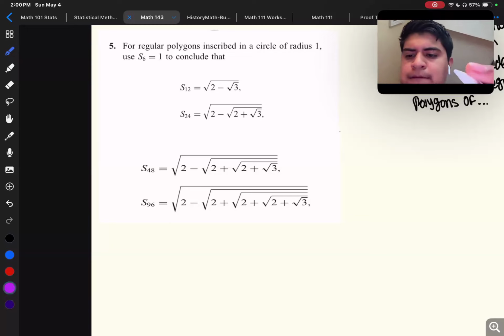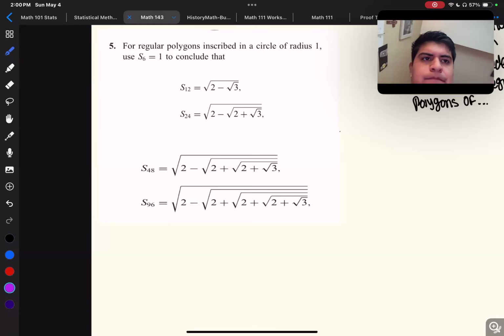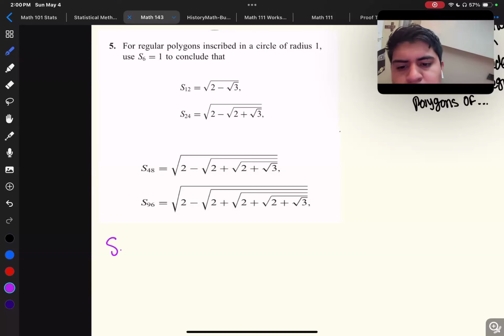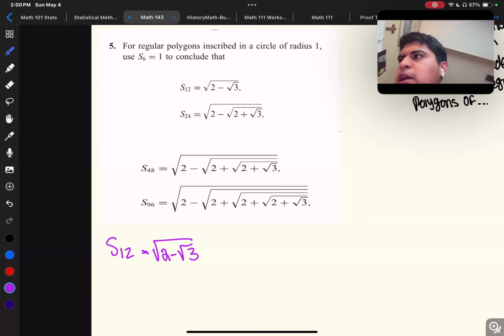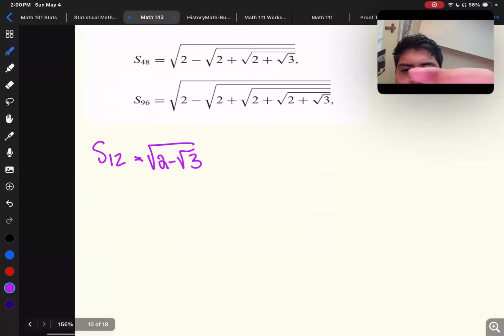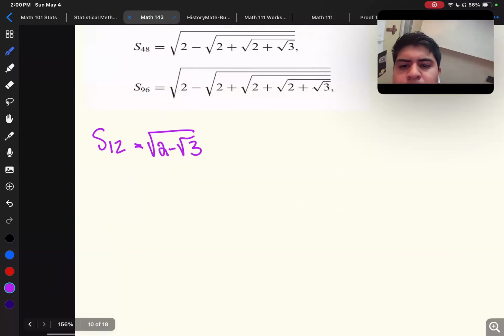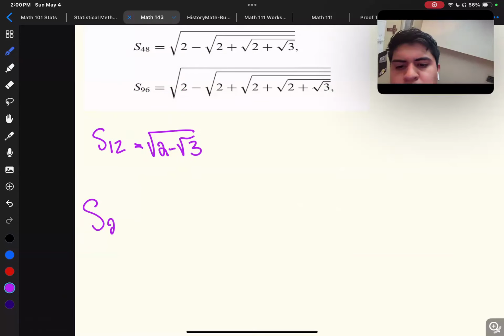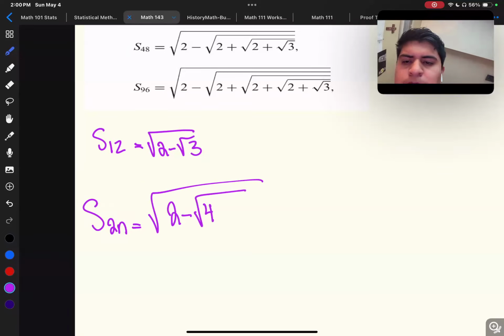Here we have S12 equals 2 minus root 3. And here we have the more general formula that S of 2n equals the square root of 2 minus the square root of 4 minus Sn squared.